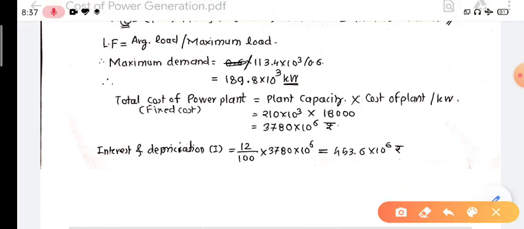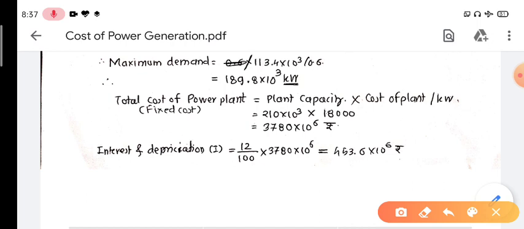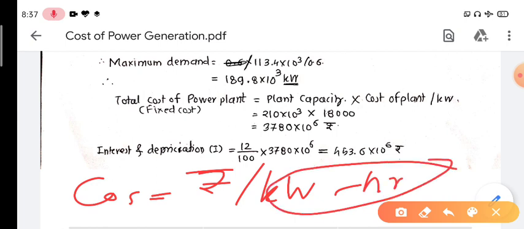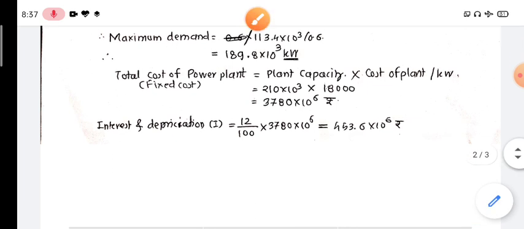As we have seen, cost of power generation is rupees per kilowatt hour. So till now we have calculated the total energy produced in a year in kilowatt hours. The aim is to calculate the total cost of the power plant in rupees.